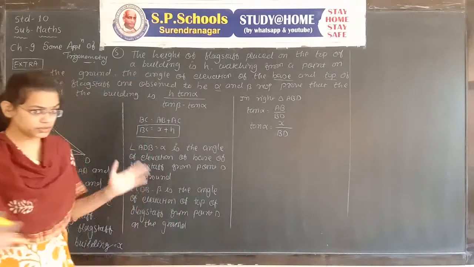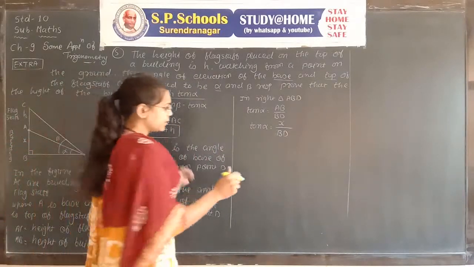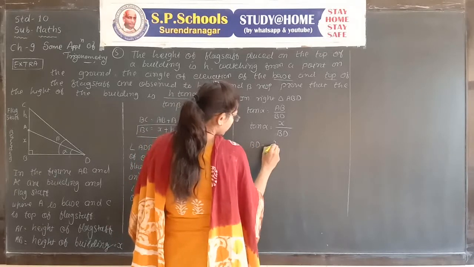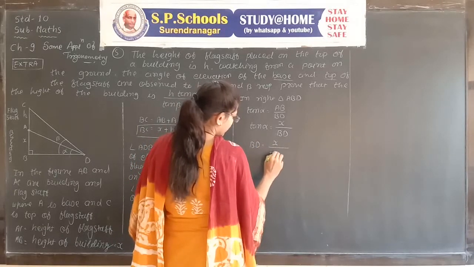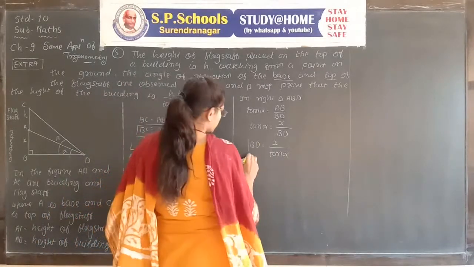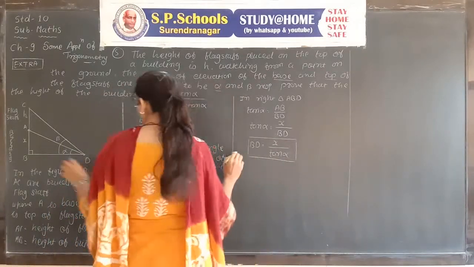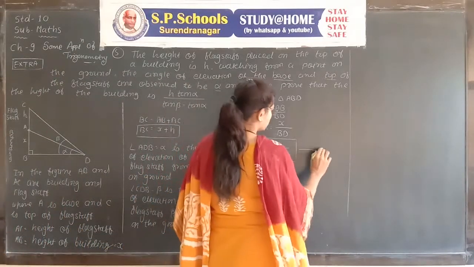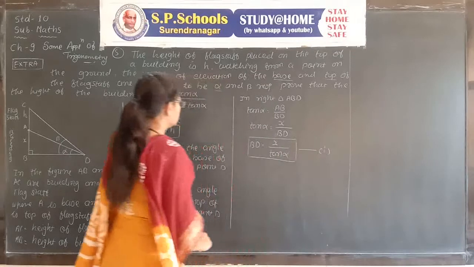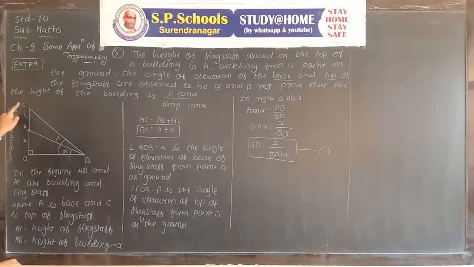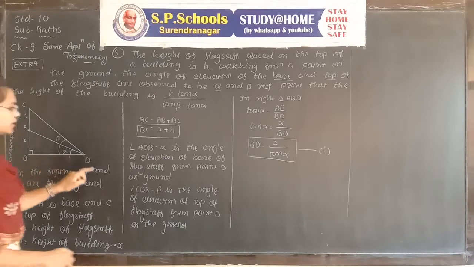Now we don't need value of BD, but by making BD the subject, we get a value of BD in form of x and tan alpha. We want answer in form of tan, and x is the height of building. It is our result number 1.